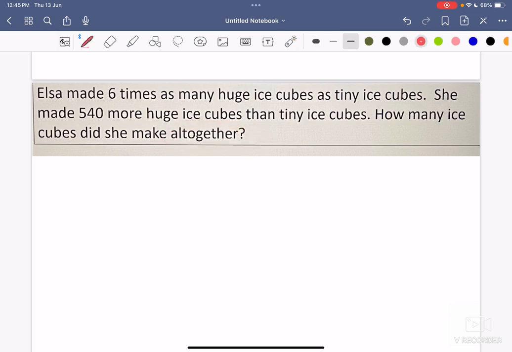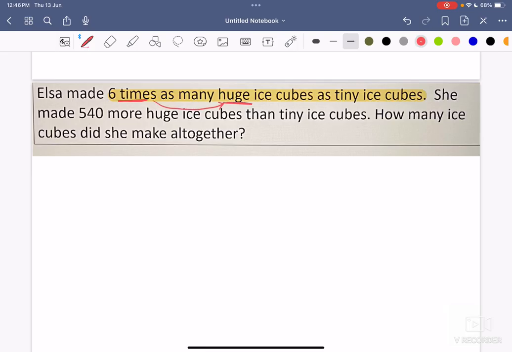Okay, so now again we underline. Elsa made 6 times as many huge cubes as tiny cubes. Remember how I said the 2 nearest will be together. In this case, the words 6 times and huge ice cube are nearest to each other, right?